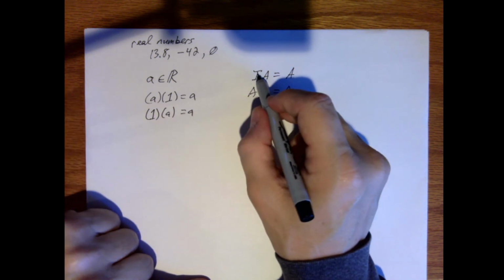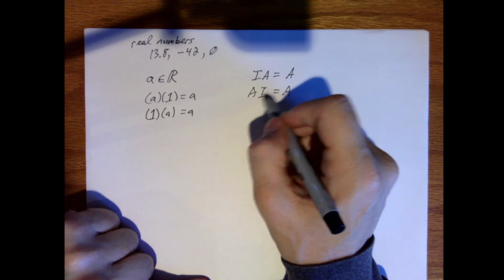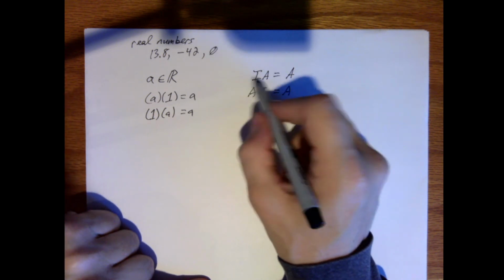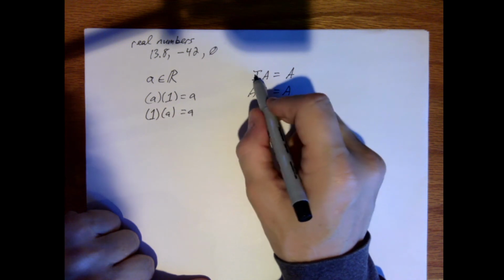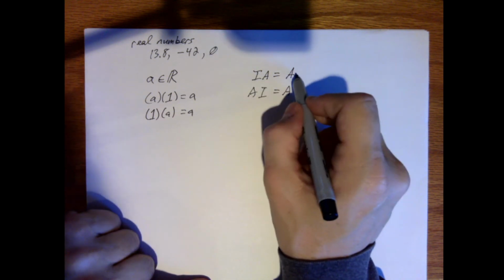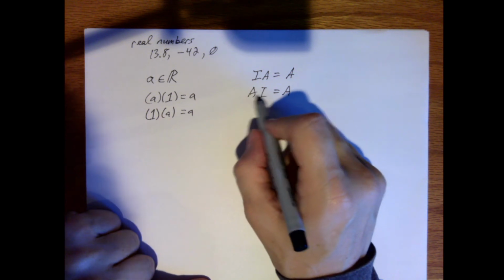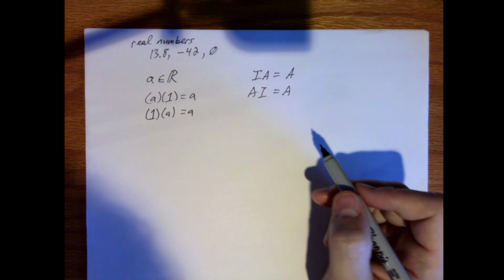For example, this may be 3 by 3 and this may be 5 by 5. But nonetheless, some identity matrix, as long as it's legal to perform this product, will lead to A, and A times I, once again, as long as the shapes are such that this is a legal product, will also lead to A. Okay?